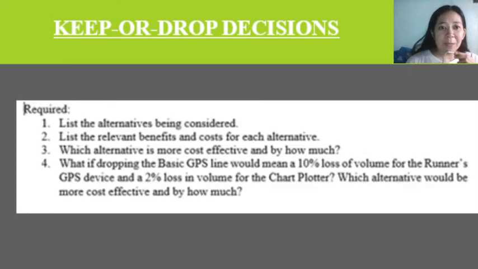Number four: what if the company drops the basic GPS, and it has the effect of a loss of 10% on the runner's GPS and 2% on the chart plotter? What will happen?